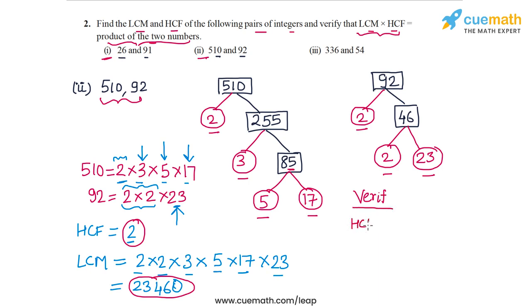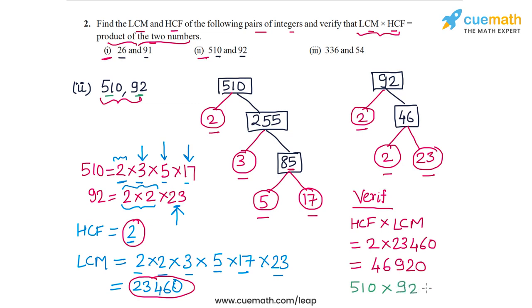So the HCF into the LCM will be equal to 2 into 23,460, and this is equal to 46,920, and the product of the two integers is equal to 510 into 92, and you can verify that this product is also equal to 46,920.